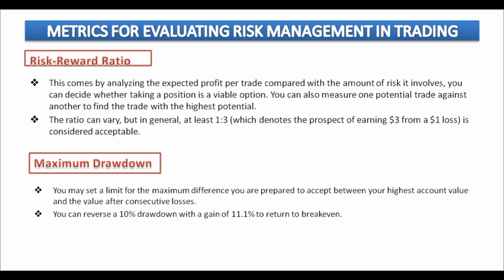It will interest you to know that you can reverse a 10% drawdown with a gain of 11.1% to return to break even. To return to break even means to gain back your capital. So if you've lost 10% of the account, then when you make 11%, you have recovered the losses with about 1.1% on it. So your account is already back to the original state.